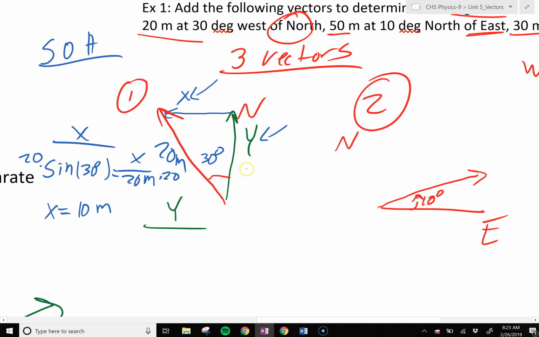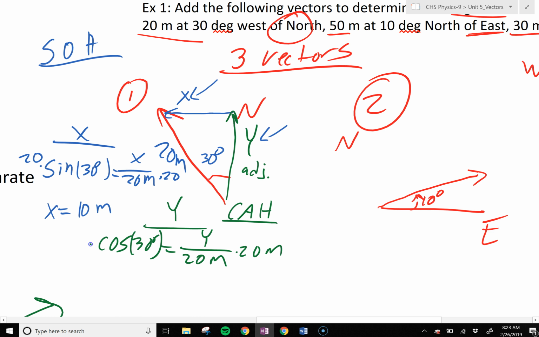we're going to deal with the adjacent side. So for that one, it would be cosine, because that's CAH in SOHCAHTOA. So we'd have the cosine of 30 degrees equals the y side over the hypotenuse, which is 20 meters.